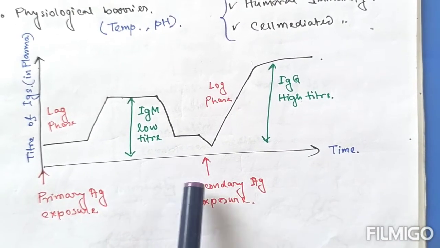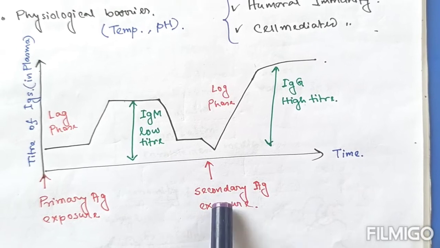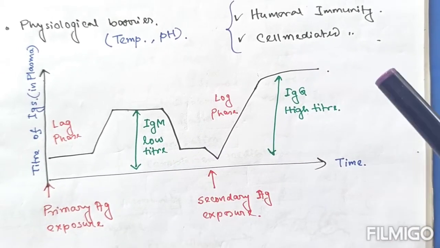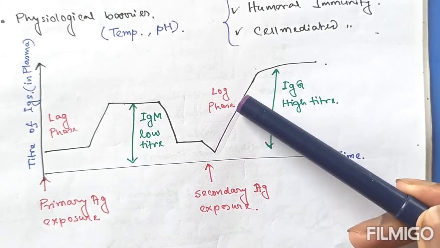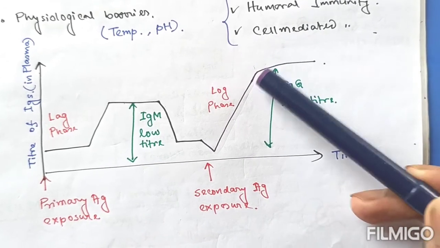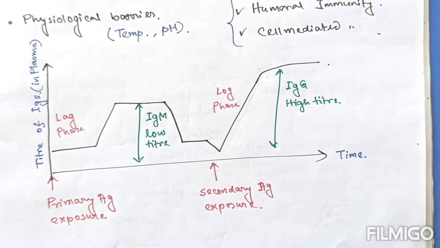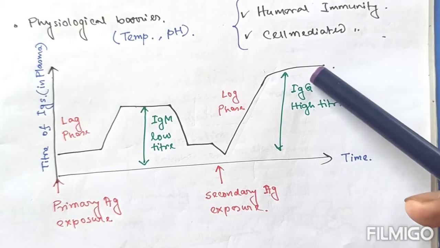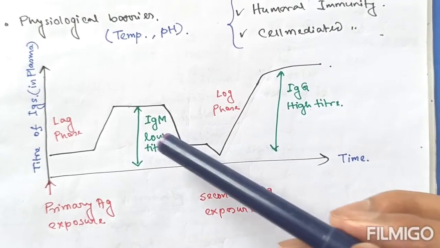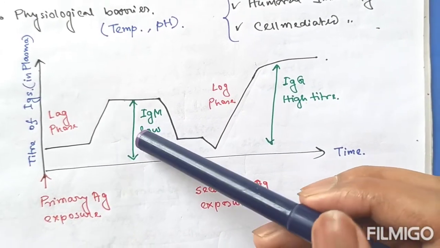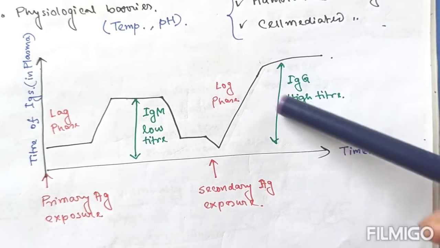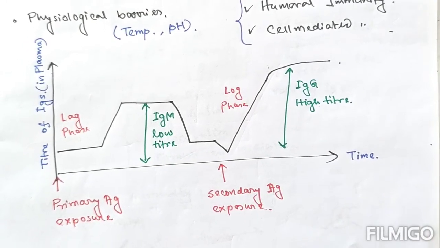And when the same antigen is exposed for the second time, there is a high surge of immunity which is provided by IgG type, and this low titer of IgM is now replaced by high titer of IgG.